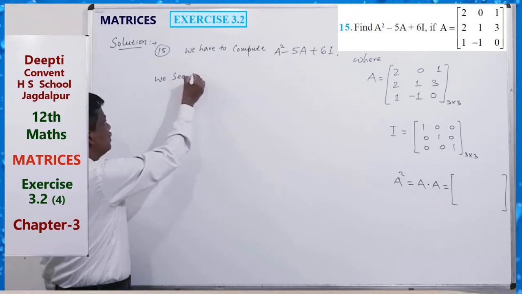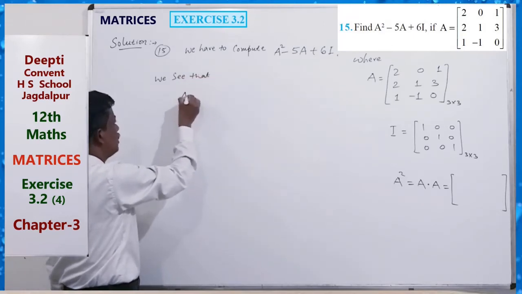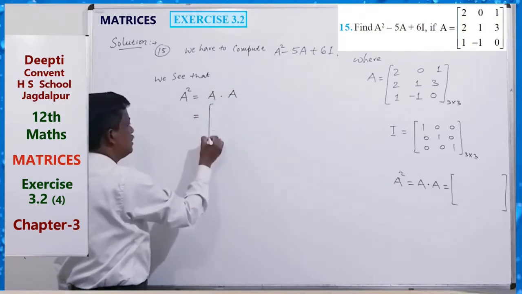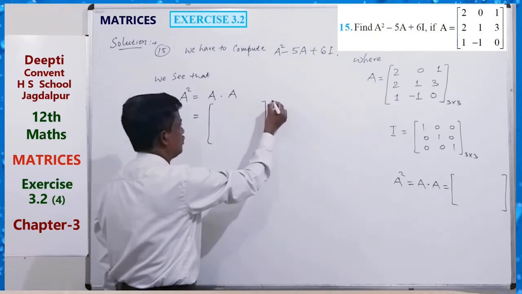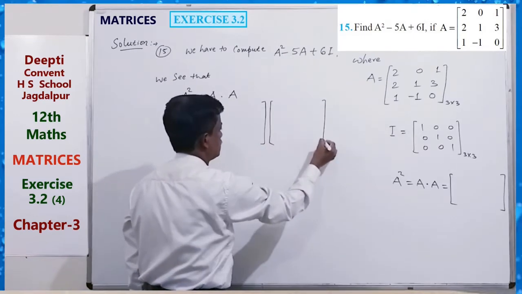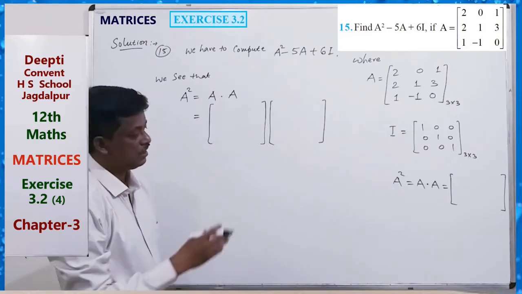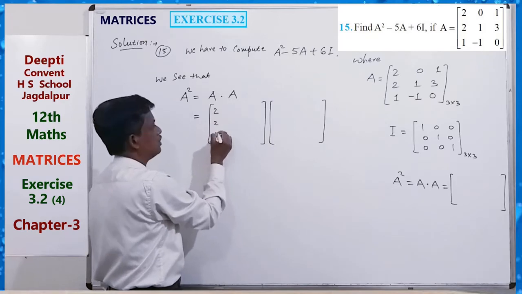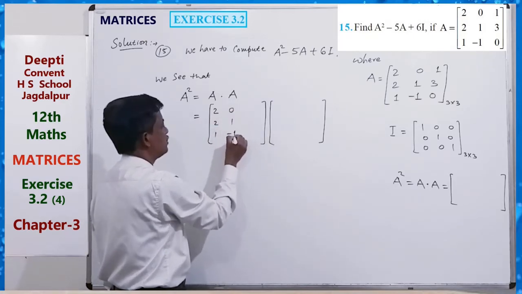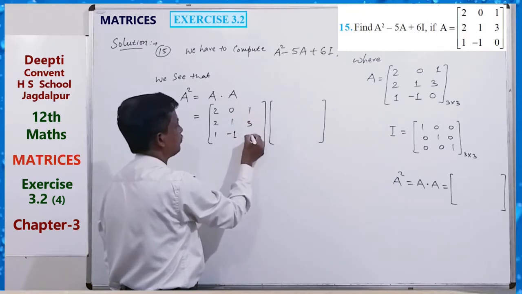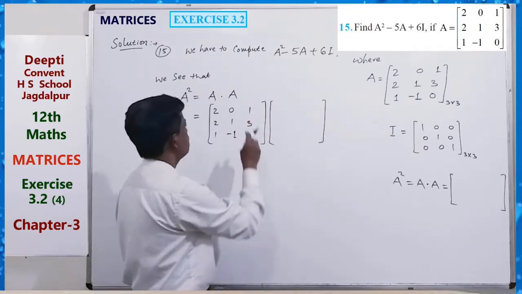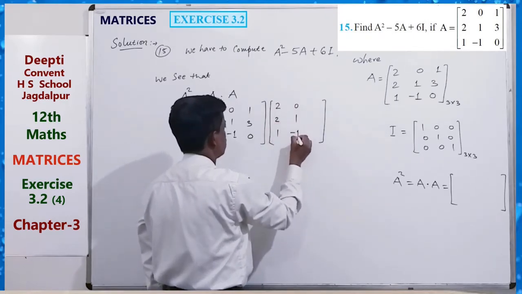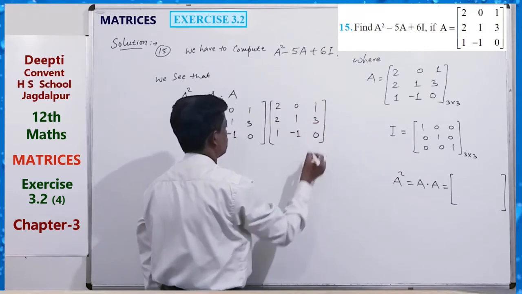A square equals A into A, that is matrix A into matrix A. First find A square by matrix multiplication: the first matrix 2 0 1, 2 1 3, 1 minus 1 0, and the same second matrix.